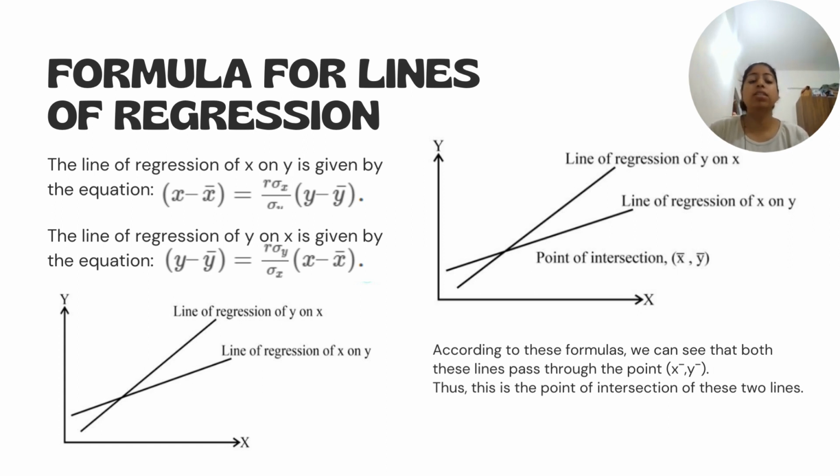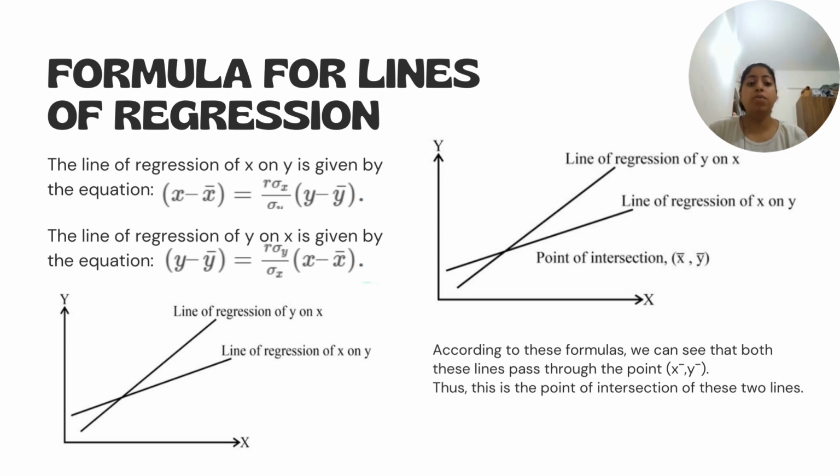Here x bar is the mean value of x, y bar is the mean value of y, sigma x is the standard deviation of the values of x from x bar, sigma y is the standard deviation of the values of y from y bar. r is the correlation coefficient.